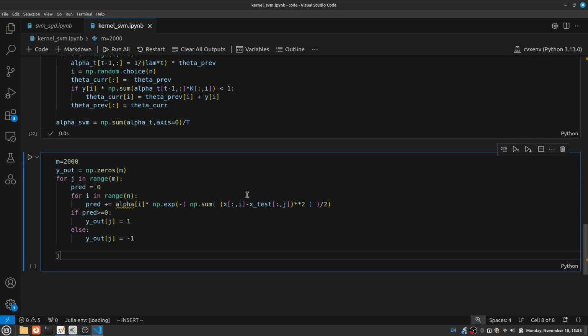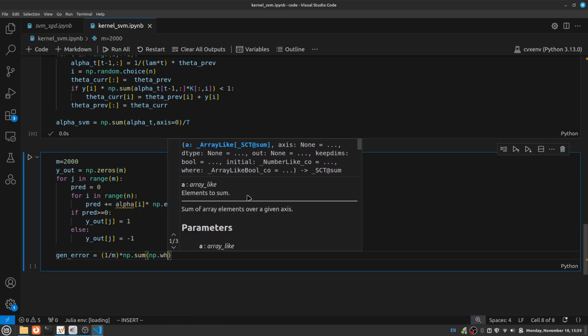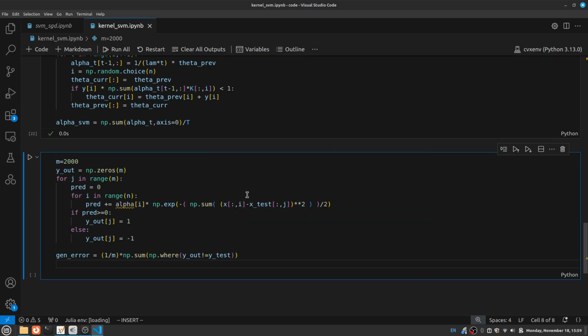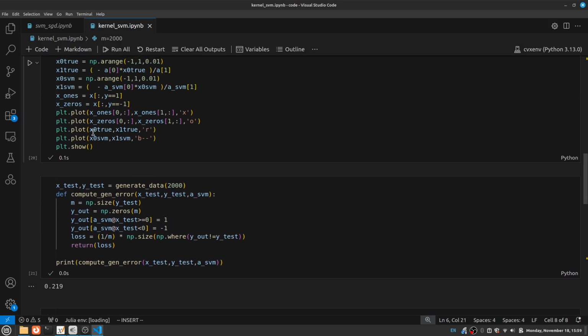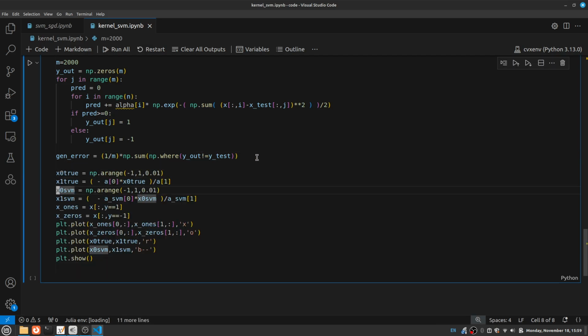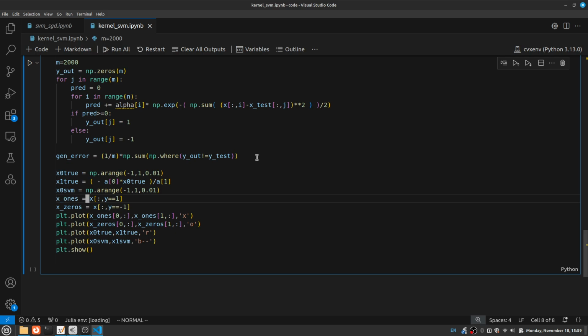Let's just set m equal to test, and I'll also want to plot what this looks like. I'm sorry.